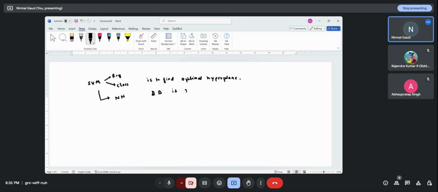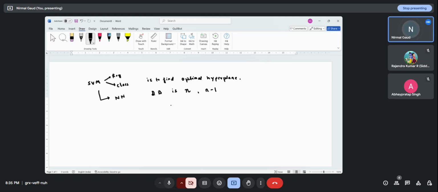If you have n features, the dimension of the hyperplane will be n minus 1. That means I'm talking about the number of features and the number of classes.